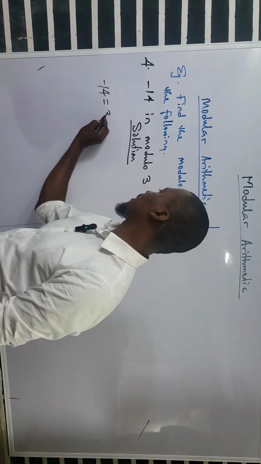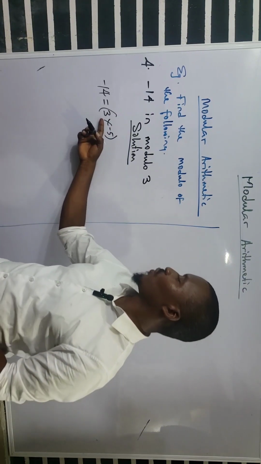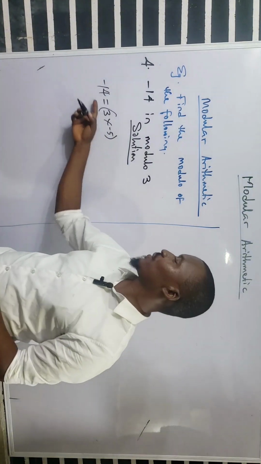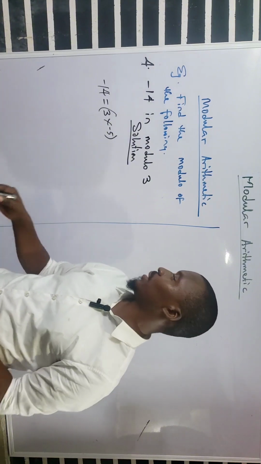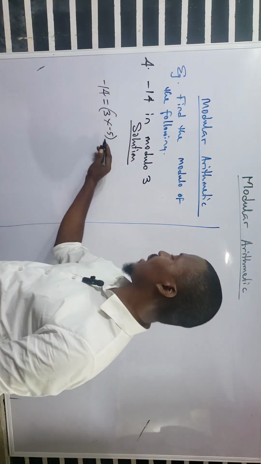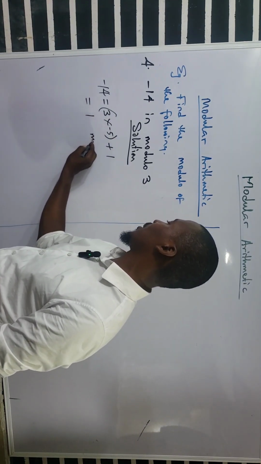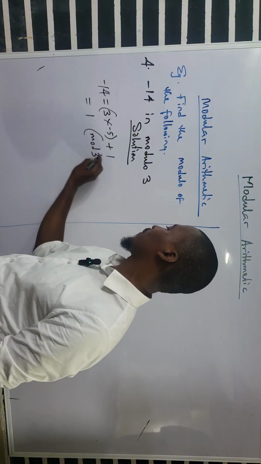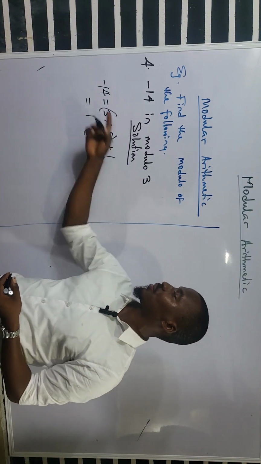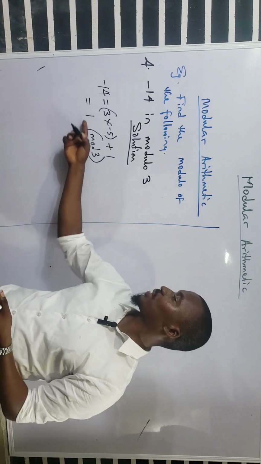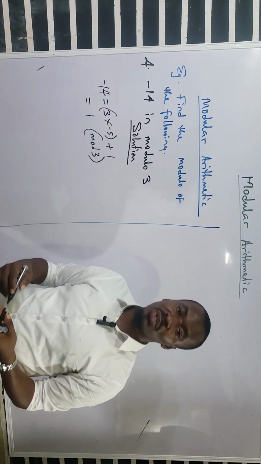That will be 3 times minus 5, which gives me minus 15, the closest number to minus 14 that is less than minus 14. So when I get minus 15, what will I add? I will add 1 to it. So that will give us 1 in modulo 3. That's just like when you keep adding 3 to minus 14, the first non-negative number you will get is plus 1.